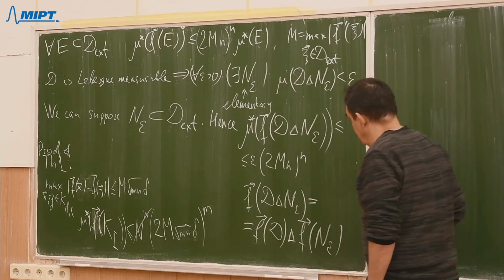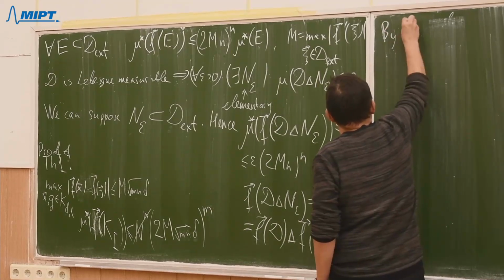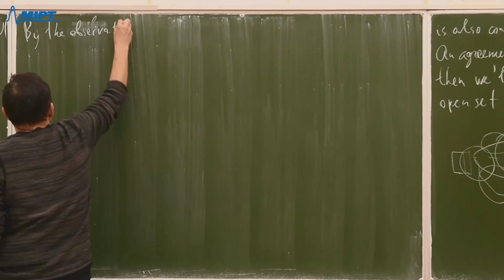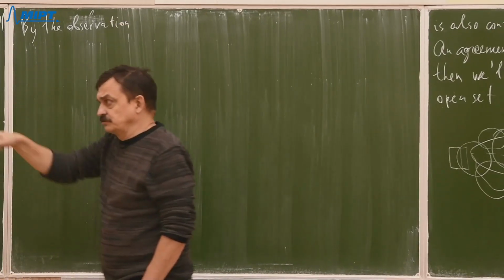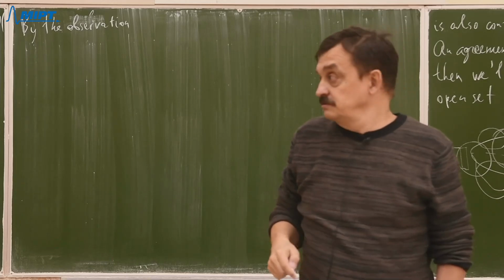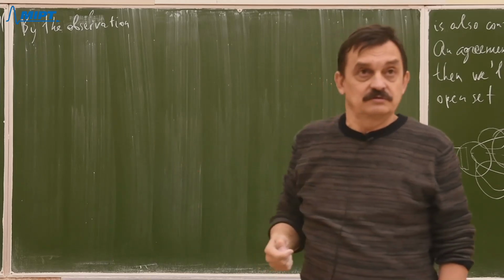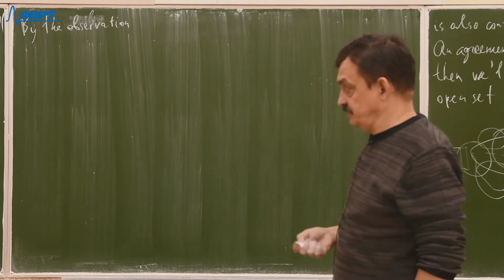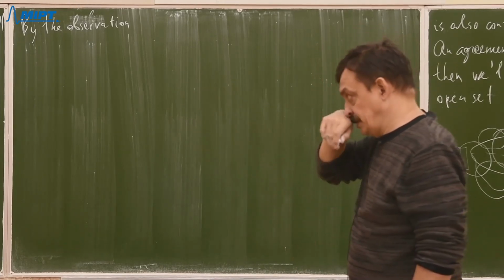So by the observation, of course, I don't want to use epsilon once again, because epsilon now was fixed. Arbitrary, but it was fixed, it was chosen, right?